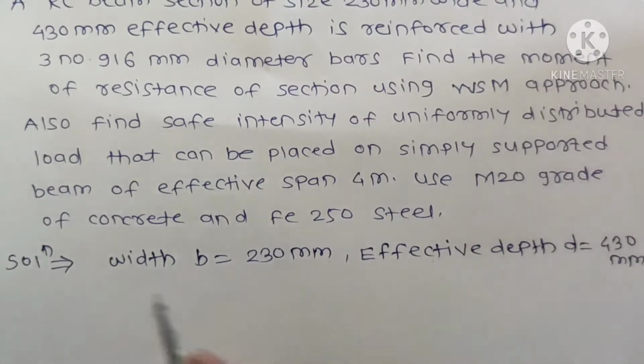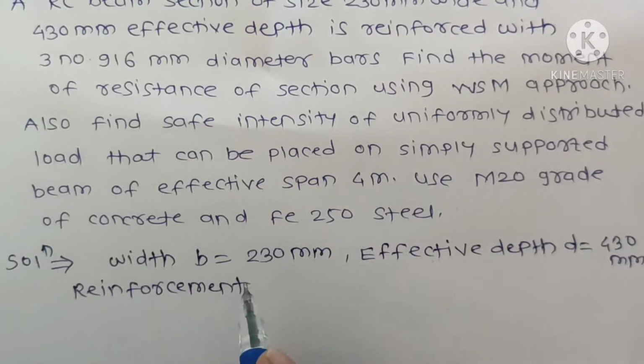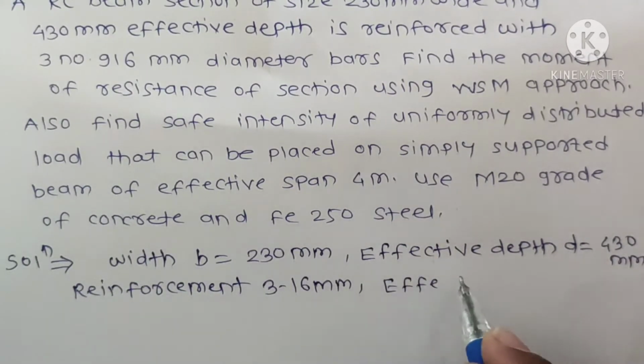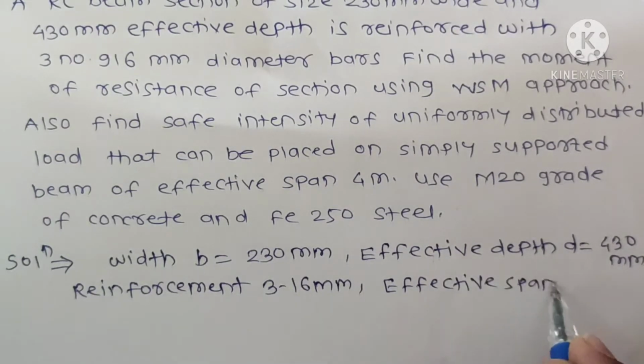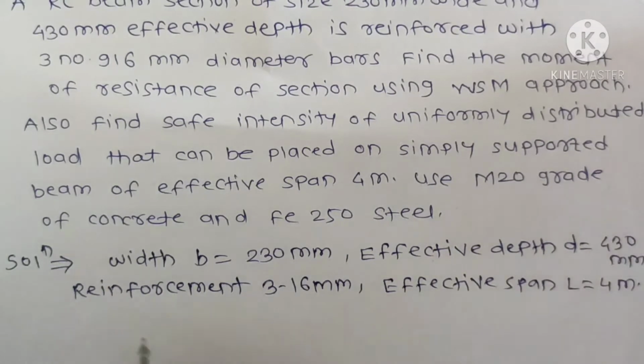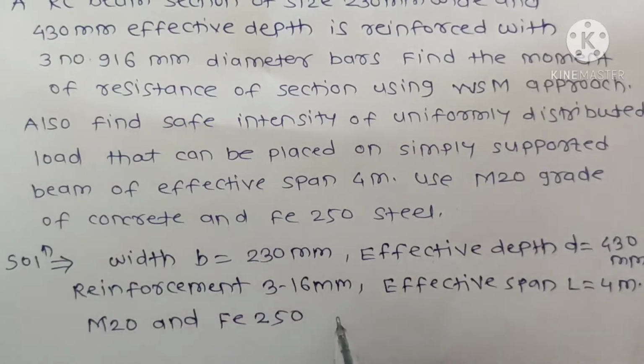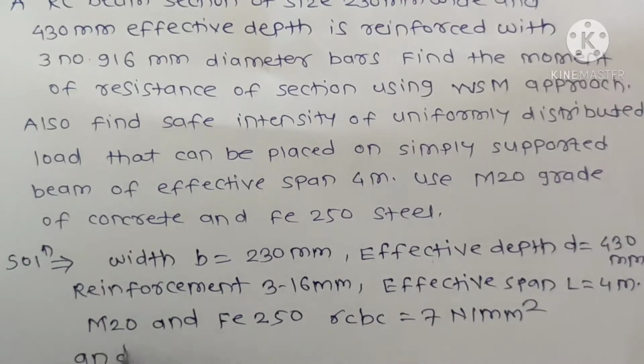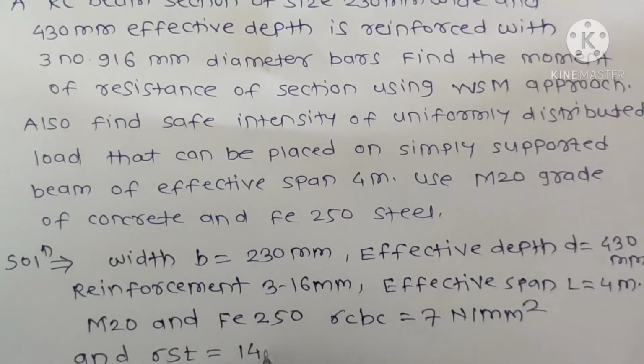Then reinforcement 3 by 16 mm, effective span L is equal to 4 meter, M20 and Fe 250, sigma CBC 7 Newton per mm square and sigma ST 140 Newton per mm square.